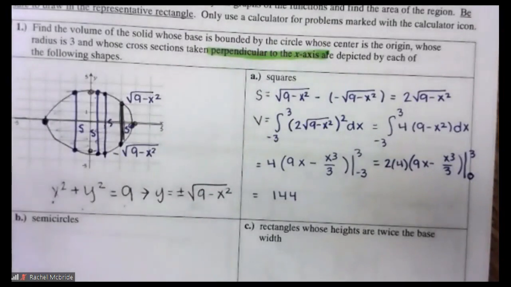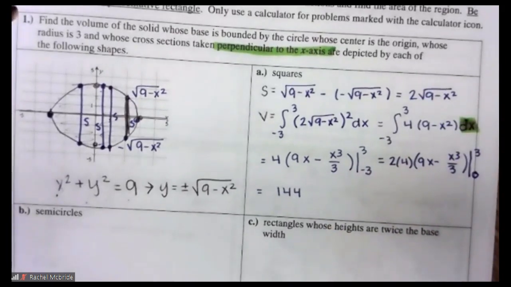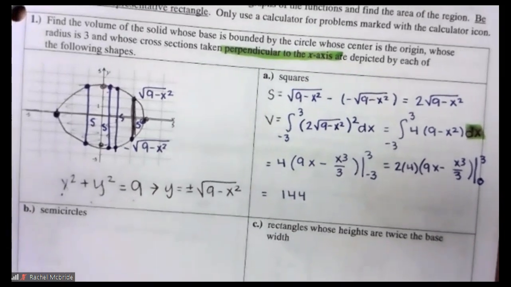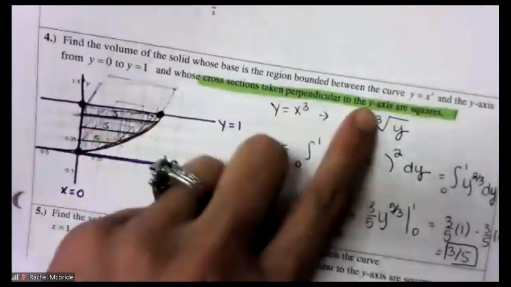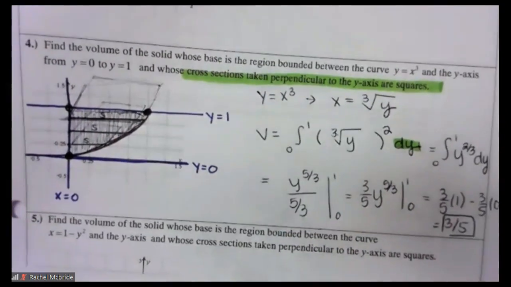Wherever the perpendicular is with respect to, that's how you know what variable. If it's perpendicular to the x-axis, then you're using dx, because that perpendicular is the width. So that's how you get your differential. In this case, since it said perpendicular to the y-axis, I needed to ensure that my differential was dy. Does that help?